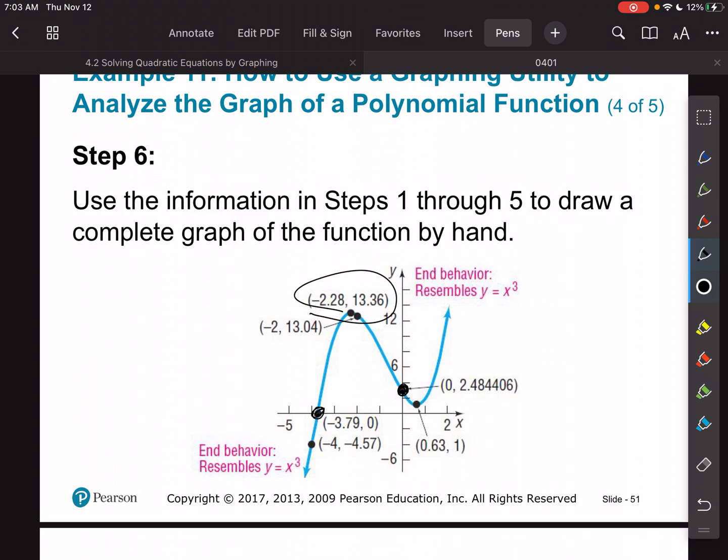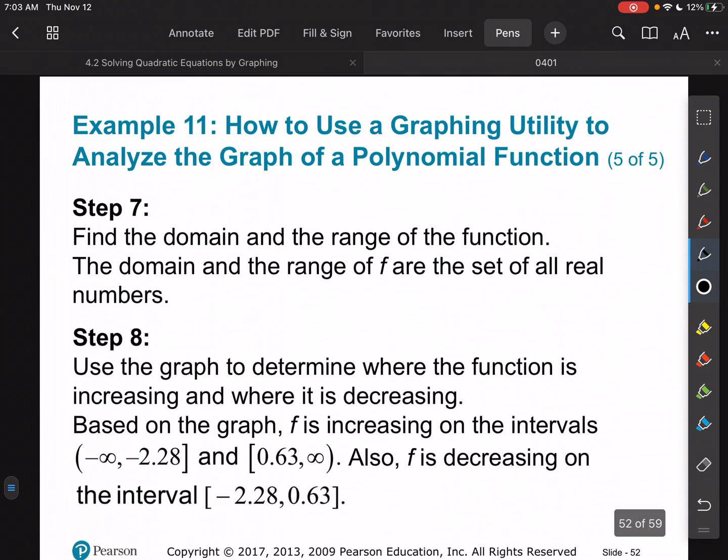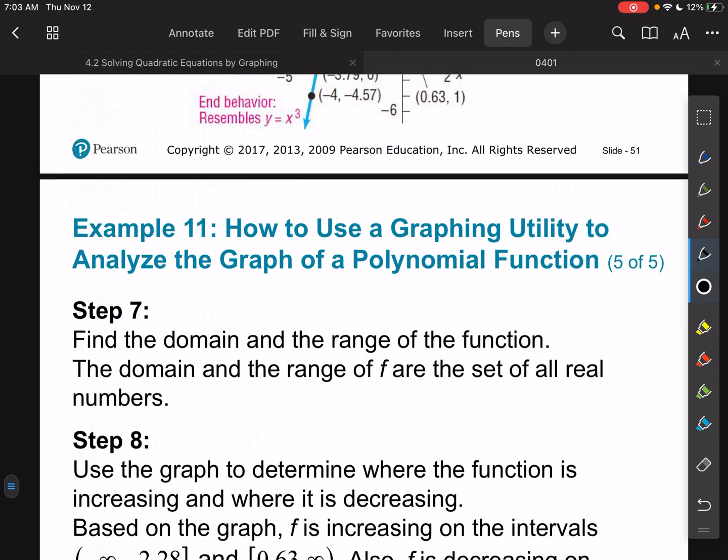Or they might just have you match a picture, right? They might have a bunch of different drawings, and you match the one that you get on your graph. And then you can find your domain and your range and the places where it's increasing and decreasing.